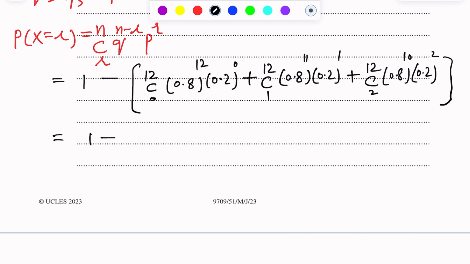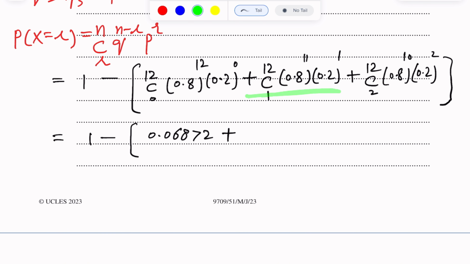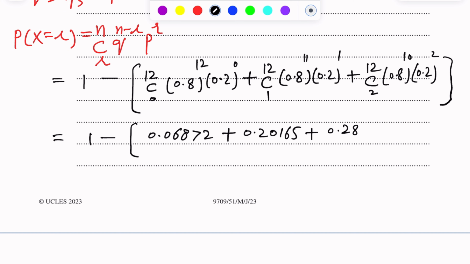We get 1 minus the answer of the first term, which is 0.06872. After calculation, the second term will be 0.20165, and after calculation, the third term will be 0.28347.